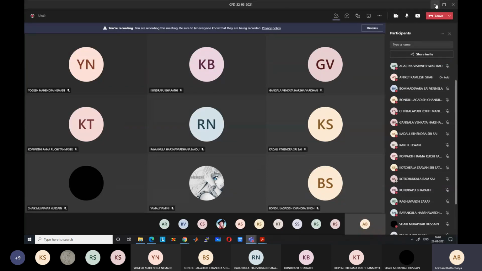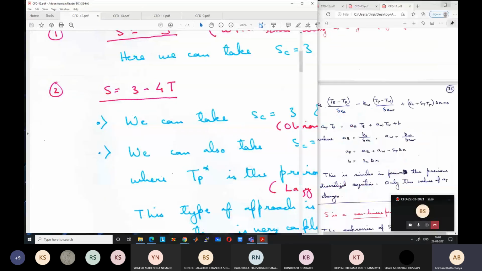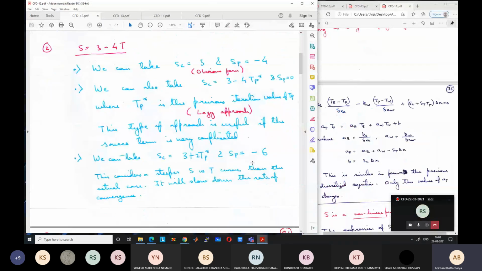The same thing will happen in this case also. We will have to check what is the previous iteration value of temperature and what is the current iteration value of temperature, and how much change is occurring. And if the change is less than 10 to the power -6 for all the grid points, we have to check for all the grid points, not a single grid point.